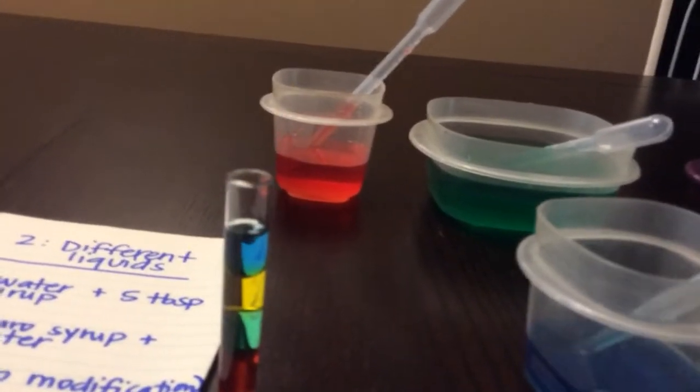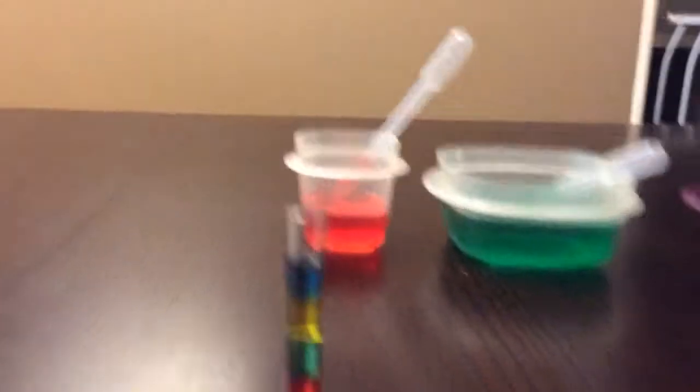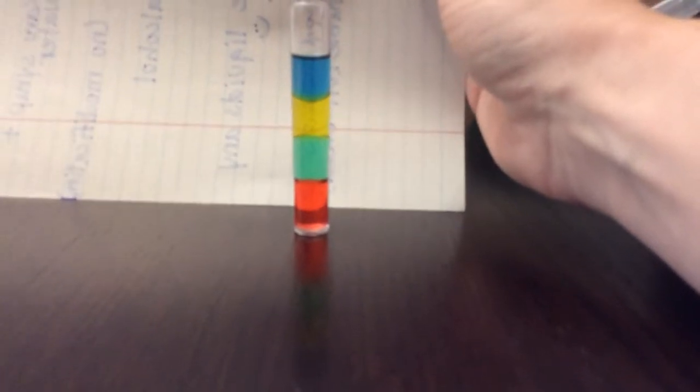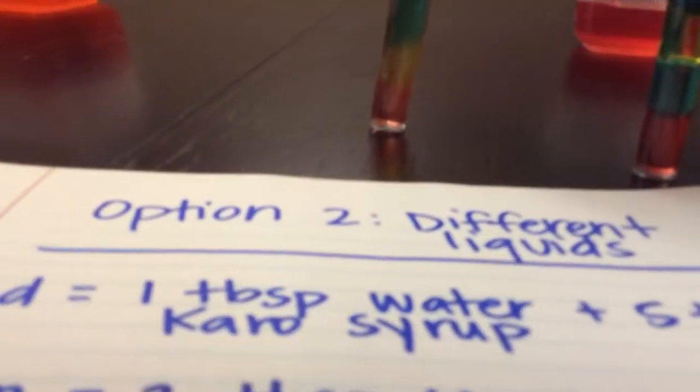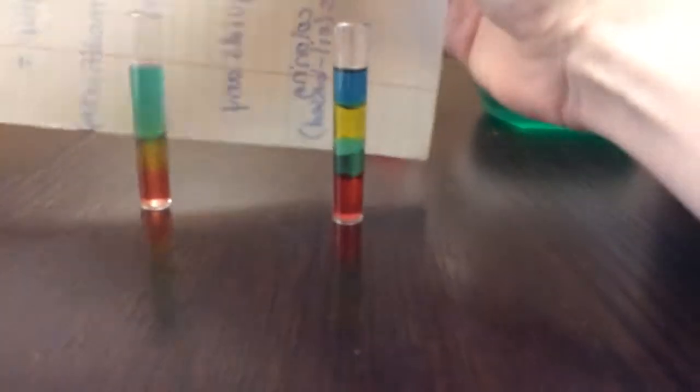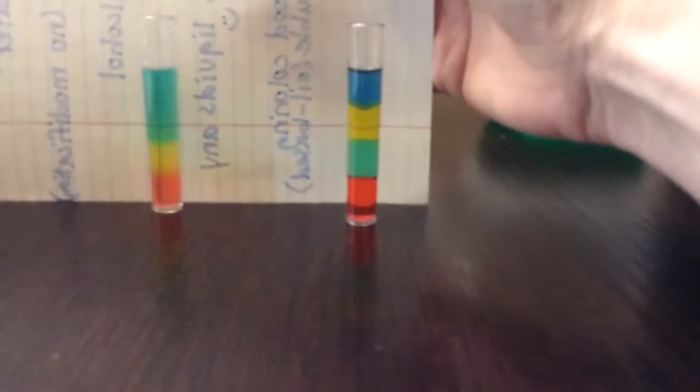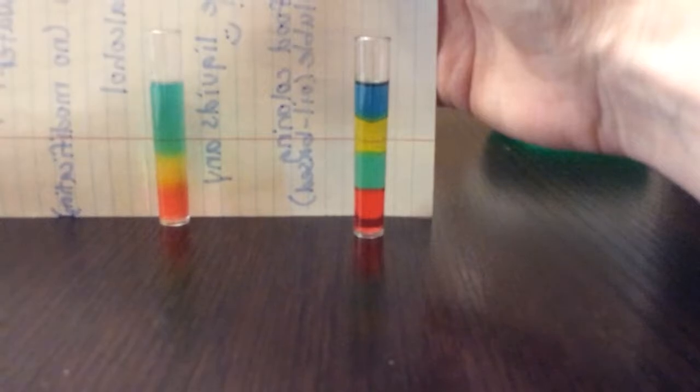So in the second method, you see much more clear, distinctive layers. Again, depending on the age of your students, though, you might want to go with the first method. It just depends on how old your students are. Because if you're doing this with older kids, you could maybe do one first and then the other, and then try to have the students explain, well, how come one's got distinct layers and one doesn't?